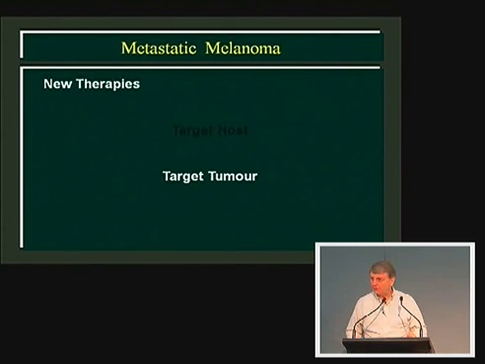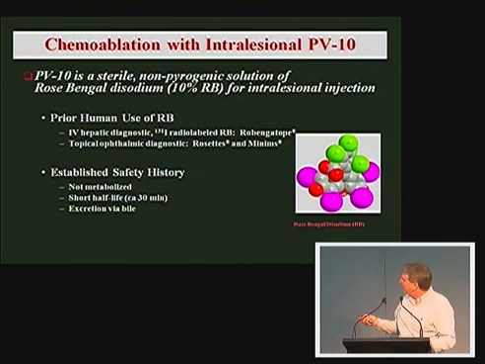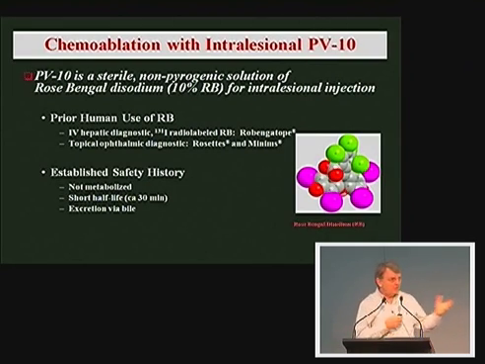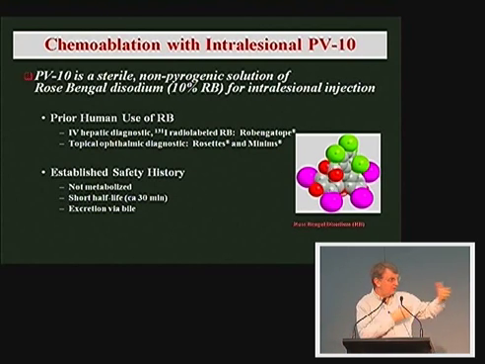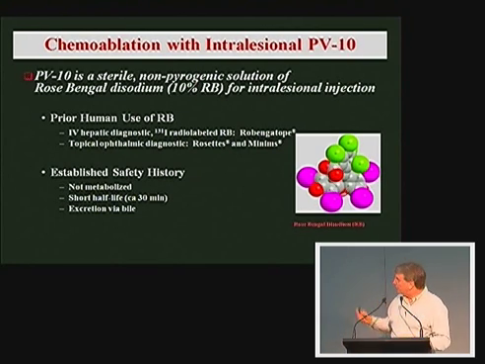So I'm getting close to finishing. So just as an interesting thing, somebody found that if you inject some cancers, recurrent breast cancer, melanoma, with a dye, the dye's been out there for years, used to assess liver function, look at eyes, and you can inject it with this dye, it will actually kill some cancers but won't kill normal tissue.